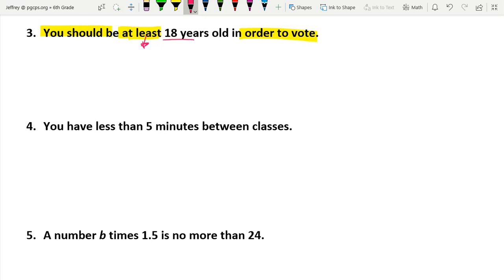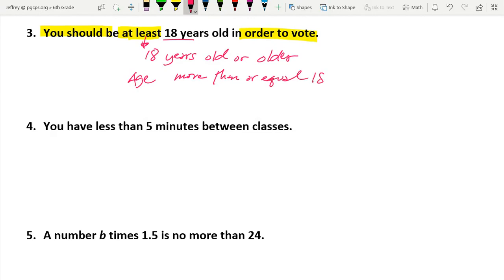So at least means you should be what? 18 years old or older. So that means equal to 18 or more than 18 years old. So that means your age, right? Your age should be more than or equal to 18.